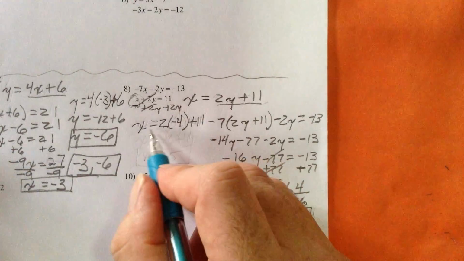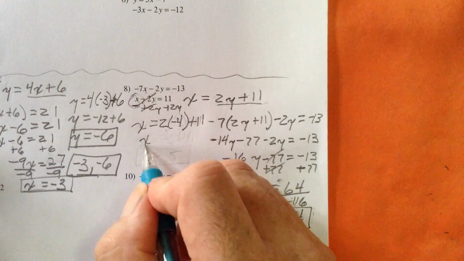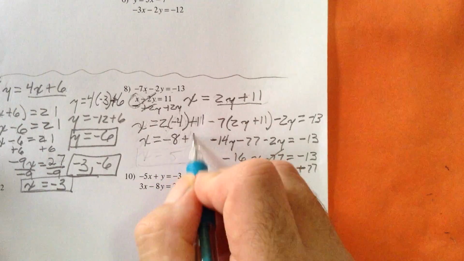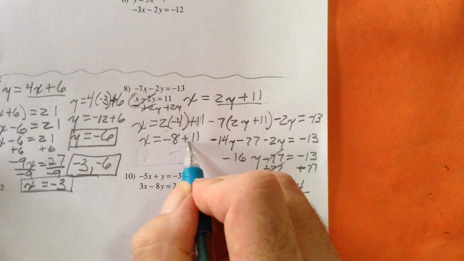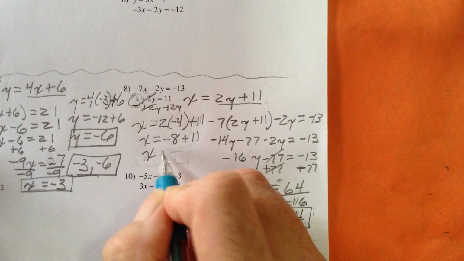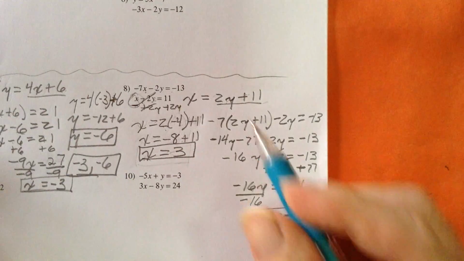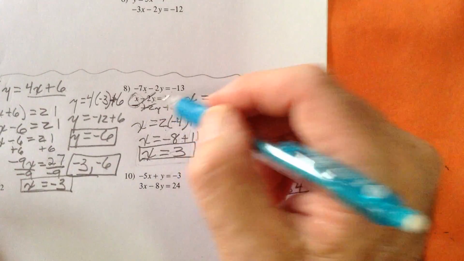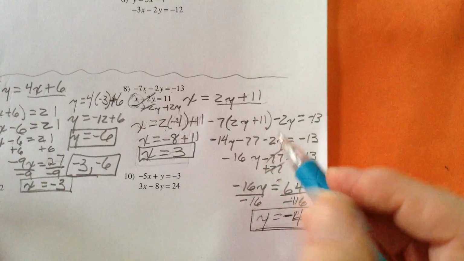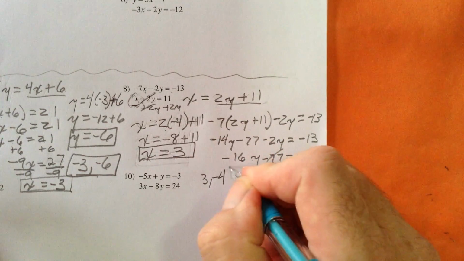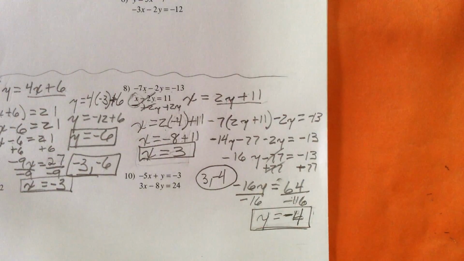Okay, so here I go, 2 times negative 4 is negative 8, plus 11. So negative 8 plus 11, that's going to equal 3, x equals 3. Okay, so the answer for number 8, if you graph those two lines, the x would be 3 and the y would be negative 4. That would be the answer there.